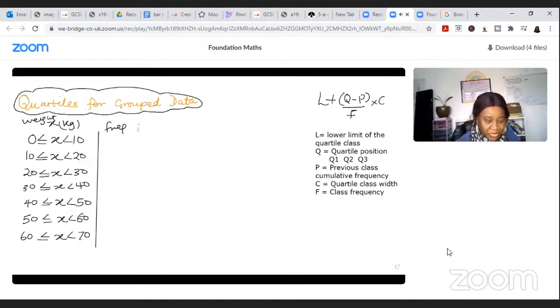We've already written all this down. And we have the cumulative frequency on the other side: 2, 3, 7, 15, 8, 4, and 1.